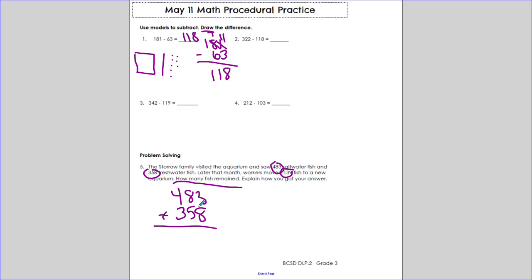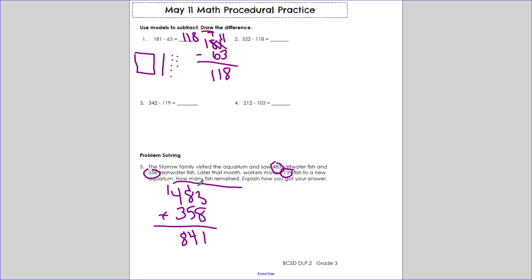So 8 plus 3, so 8, 9, 10, 11. Regroup the 1. 8 plus 1 is 9. 9 plus 5, so that's 9, 10, 11, 12, 13, 14. Regroup the 1. 4 plus 1 is 5. 6, 7, 8. Okay, so there's 841 fish at the aquarium.